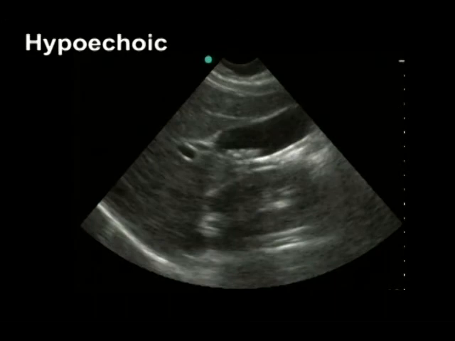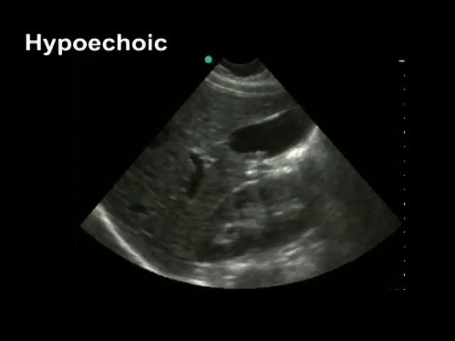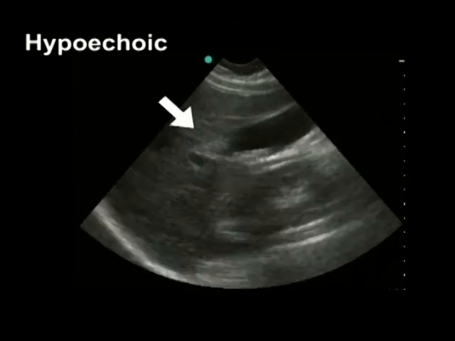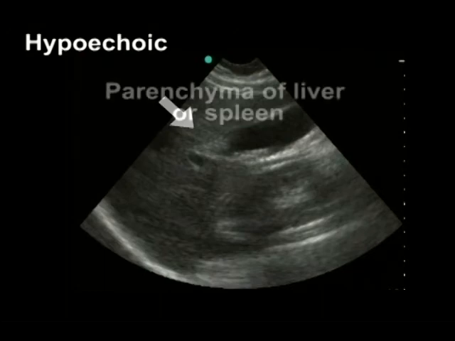A hypoechoic area will be one that produces few returning sound waves and will appear on the ultrasound monitor as a gray area. Examples of structures that will generally have a hypoechoic gray appearance include the parenchyma of most solid organs, especially the parenchyma of the liver or spleen.